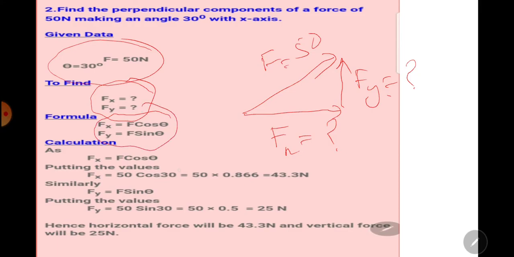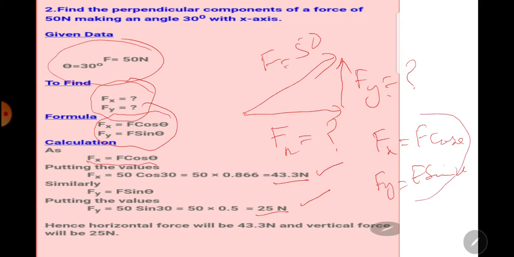These are the formulas: Fx is equal to F cos theta and Fy is equal to F sin theta. So do the calculation, and if you have any query you can ask in the Zoom class.